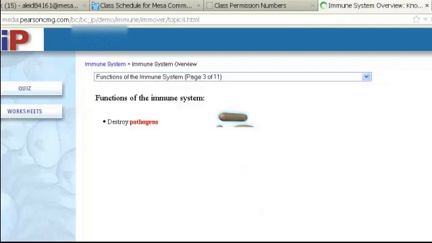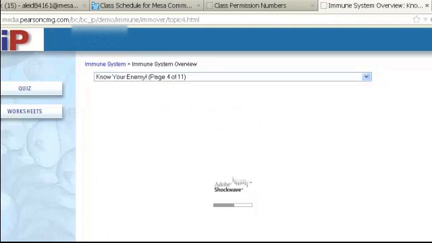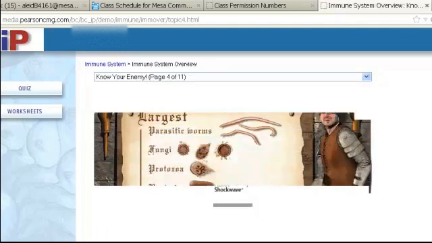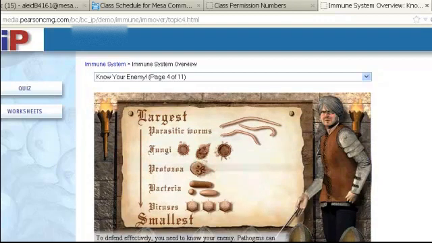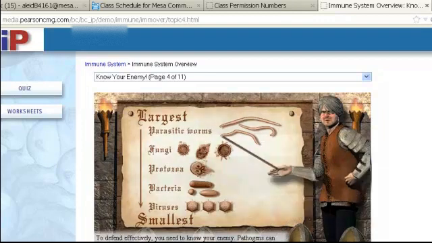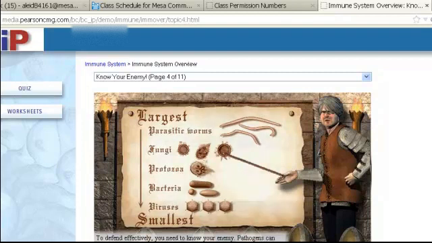All right, so let me show you some of their funny analogies, right? So here's their guy showing them all the different pathogens that they would need to be aware of. So we had mentioned these before, right? So parasites like parasitic worms, which are going to be the biggest ones, and these are in fact big enough you might be able to see them with the naked eye. Then there's things like fungi and protozoa, but the bacteria and the viruses are the most common.